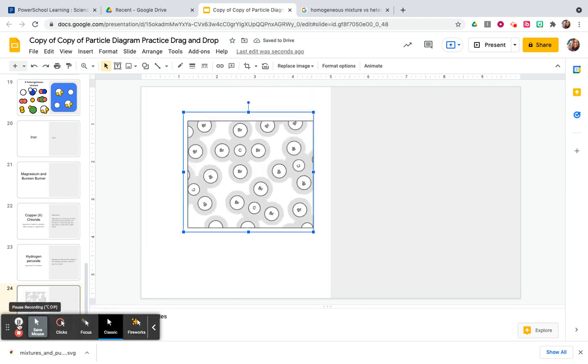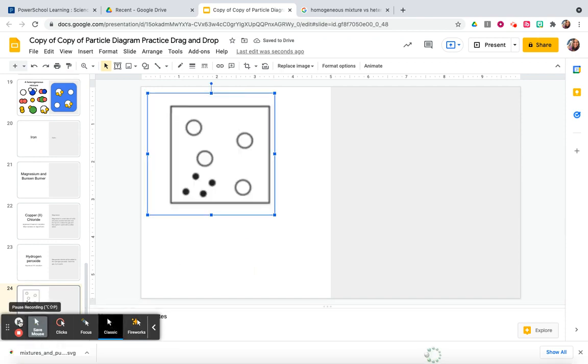All right, what do you think it is? If you said compound, pure substance, liquid form, now this one I can safely say it's a liquid because you can see how close they are together, you would be right. What do you think it is?